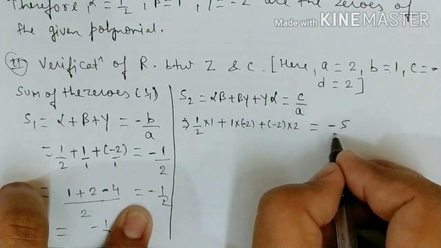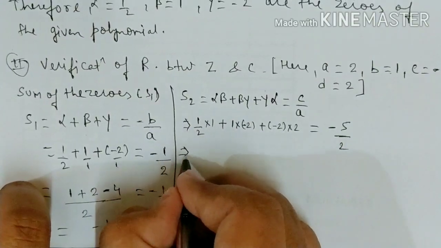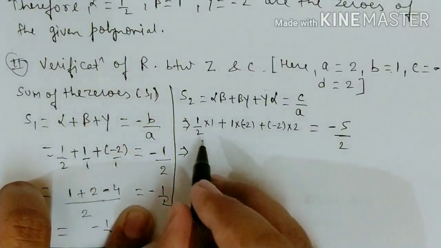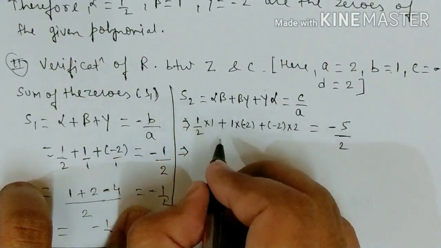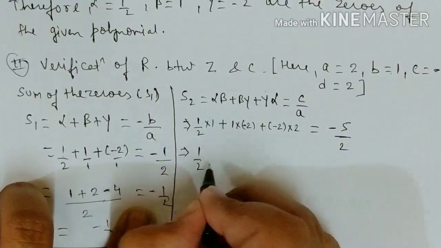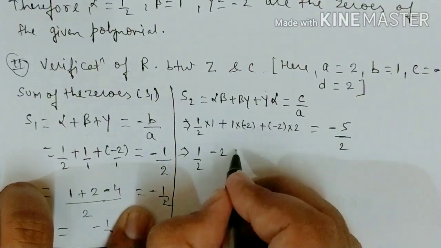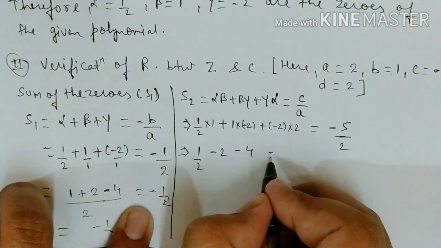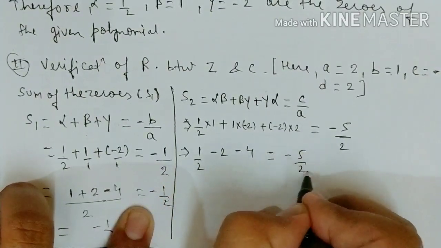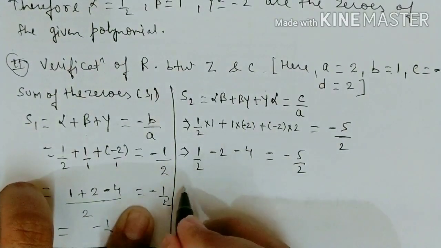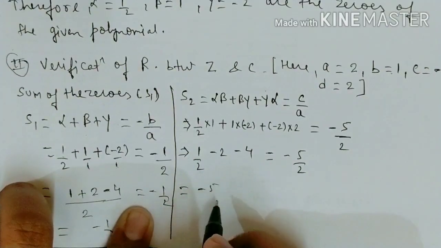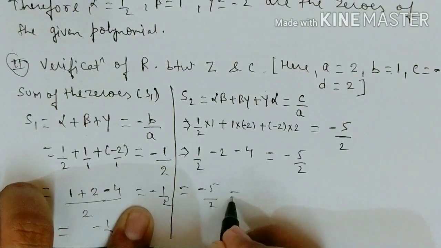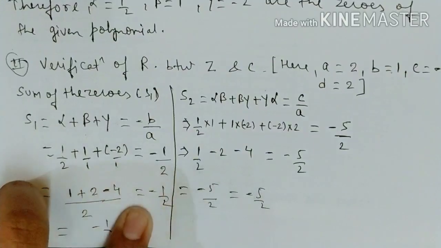What is the value of A here? 2. Simplify this. You will be getting 1 by 2, 1 into 2 is minus 2, that is minus 4. When you simplify it, you will be getting minus 5 by 2 here. Clear? Here also it is minus 5 by 2.